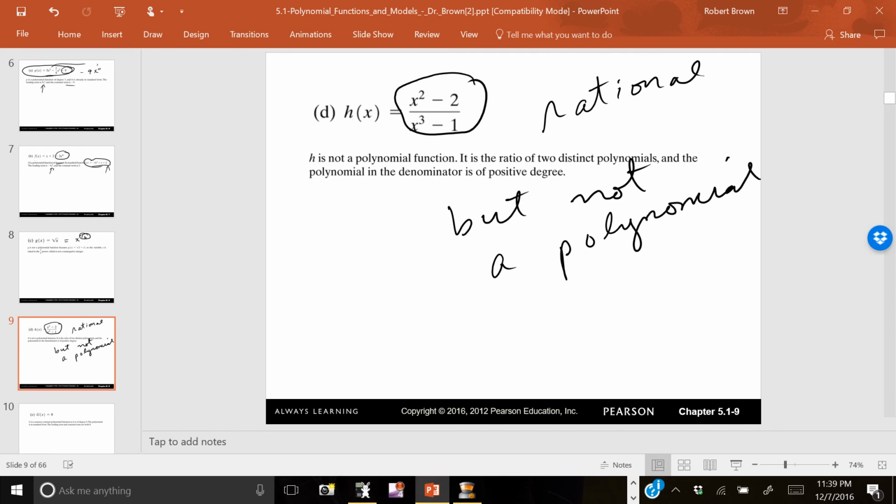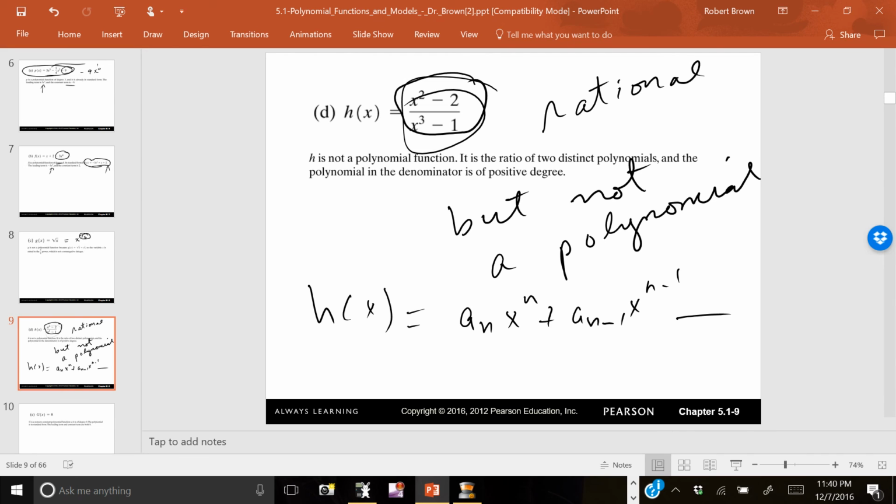Notice you're not able to write this as a sub n x to the n plus a sub n minus 1 x to the n minus 1 and so forth. It's a ratio of two polynomials. By the way, this function is a rational function, which is a ratio of two polynomials.